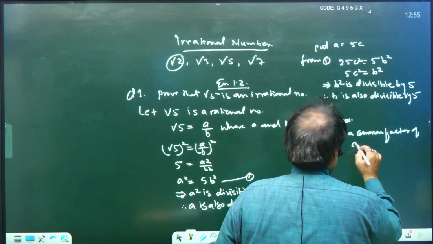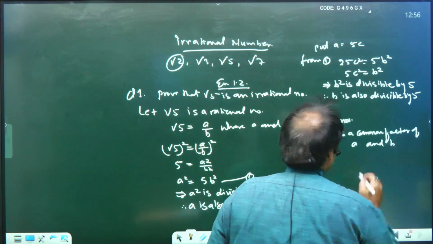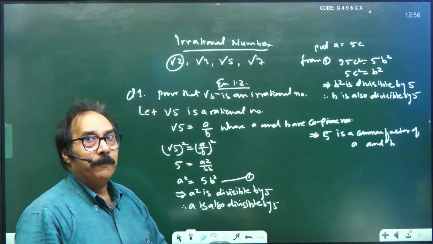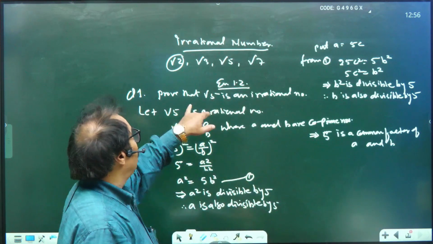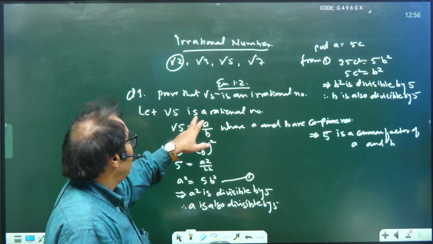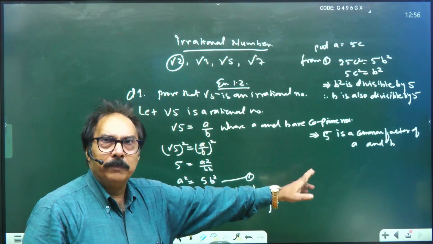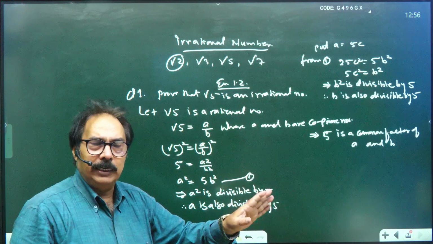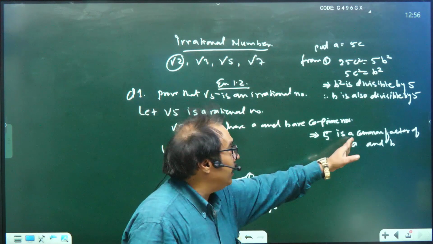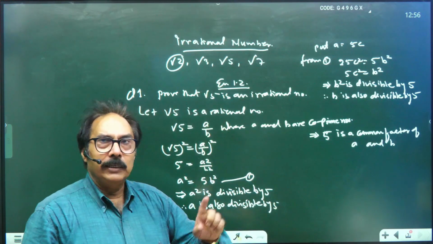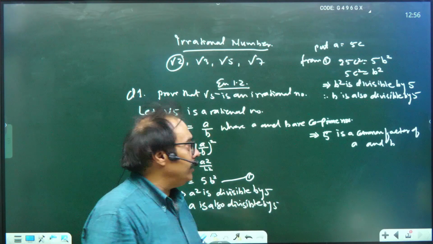Which is contradictory. Why contradictory? Because we have supposed that a and b are co-prime numbers. Co-prime number means no common factor except 1, and here we are getting 5 as a common factor. So that's why there is contradiction in the result.